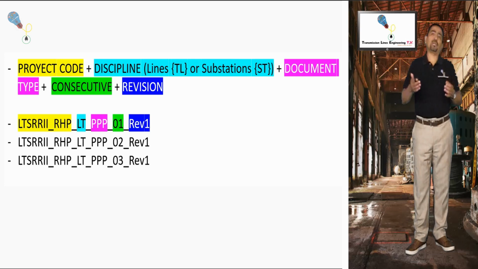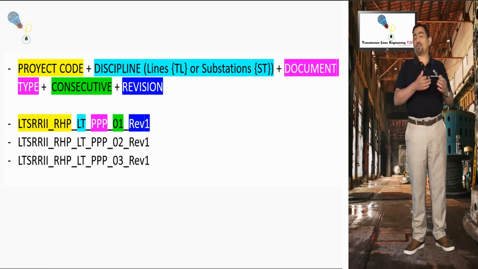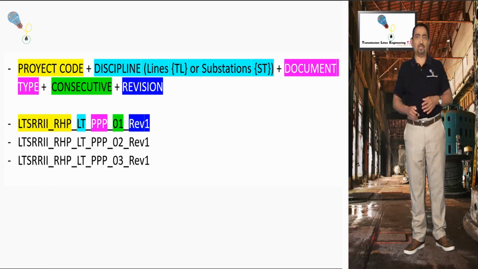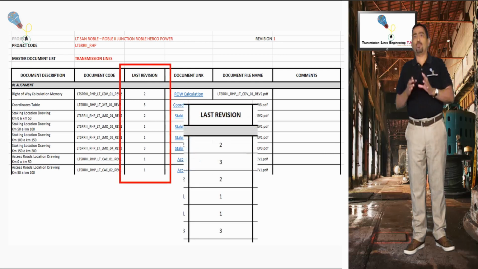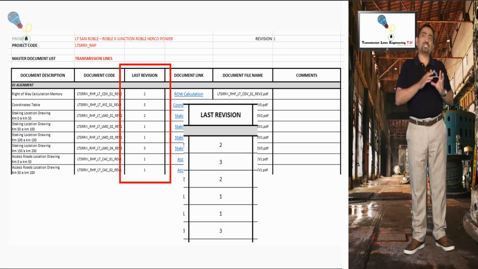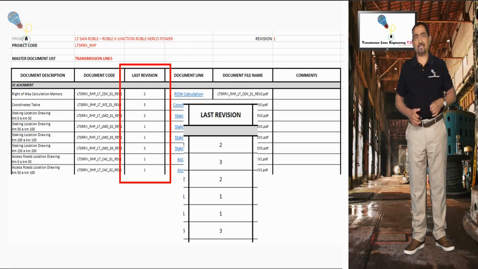For example, for structure location drawings, we have sheet number 1, 2, and 3, each one on revision 1. Column current revision. With this column, the most recent version of the document can be identified immediately.